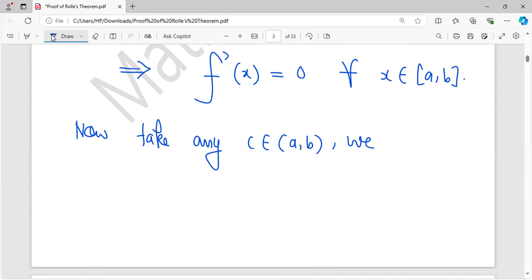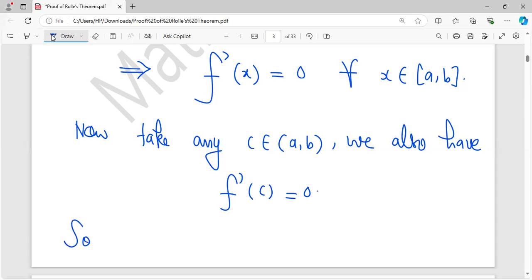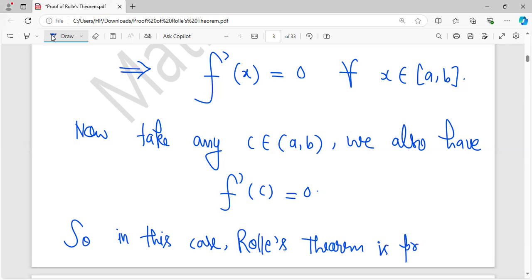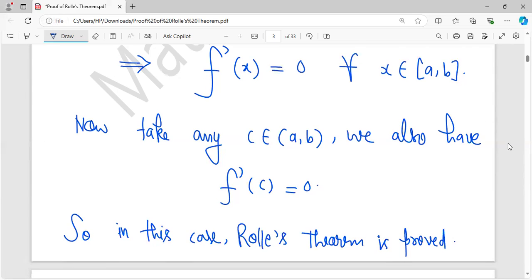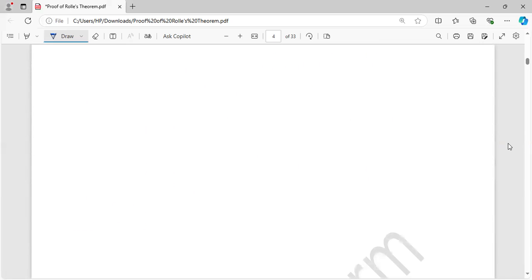We also have f dash c is equal to 0. So in this case, Rolle's theorem is proved. Okay.